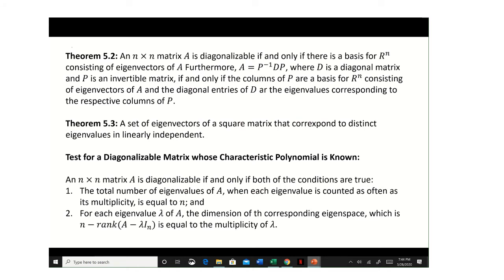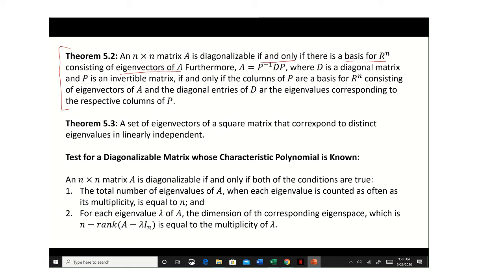So the first theorem is essentially summing up what we've just done. A matrix is diagonalizable if and only if there is a basis for Rn consisting of eigenvectors of A. So the situation we had was that all of our eigenvalues have multiplicity 1.